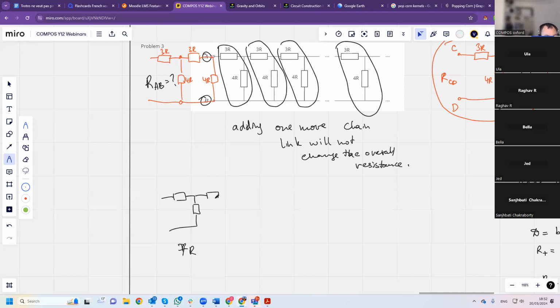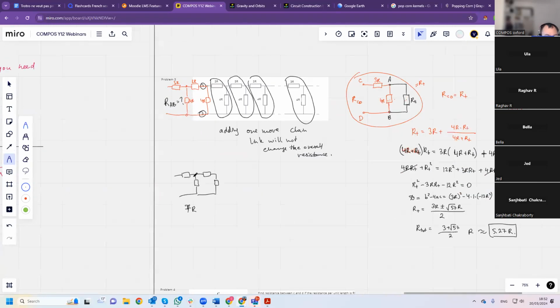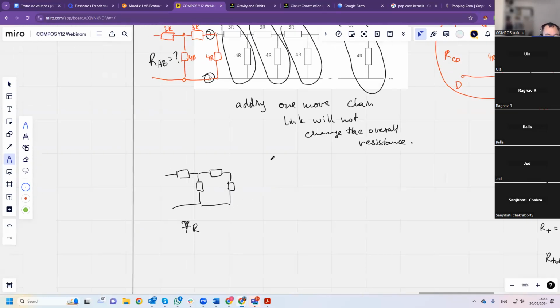If we add another one and find the resistance, it's going to be something else, but closer to 5.227. Yes, you can say adding more links, the answer will tend to our total. It's worth testing. Does it actually work?